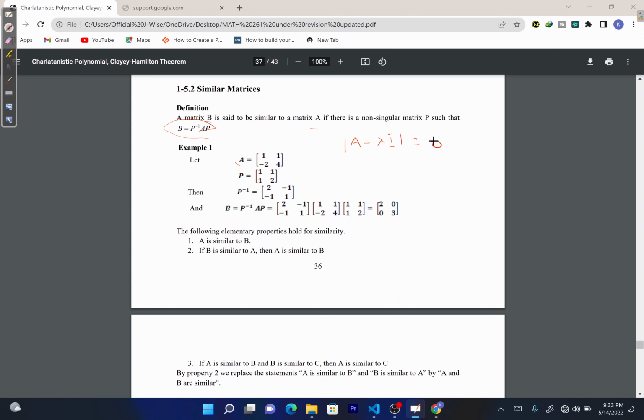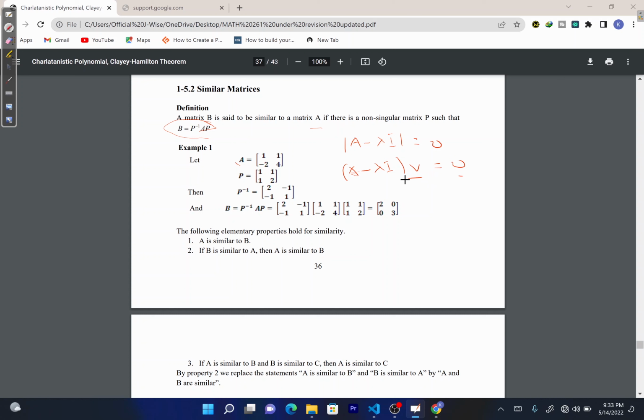Then we'll get two different eigenvalues. After obtaining the eigenvalues, you'll find the corresponding eigenvectors using this relation: A minus lambda I times V equals 0.